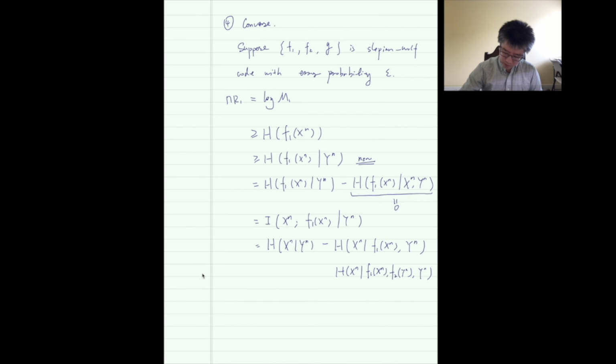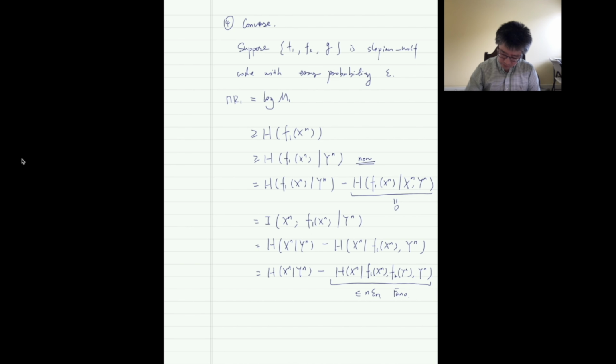Therefore we'll have an equal sign here. Okay, and clearly this will be less than or equal to n times epsilon_n, right? Because of Fano. Okay, because we assume those are Slepian-Wolf codes. Okay, very good.